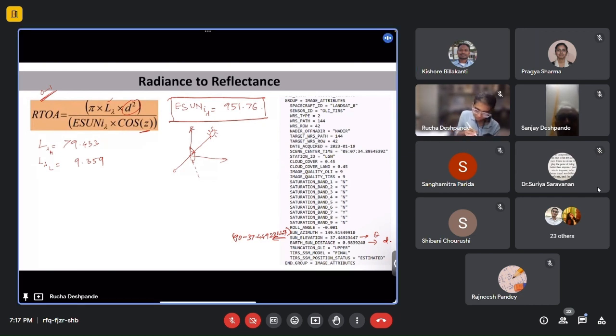So for this we have our TOA for the highest DN value.